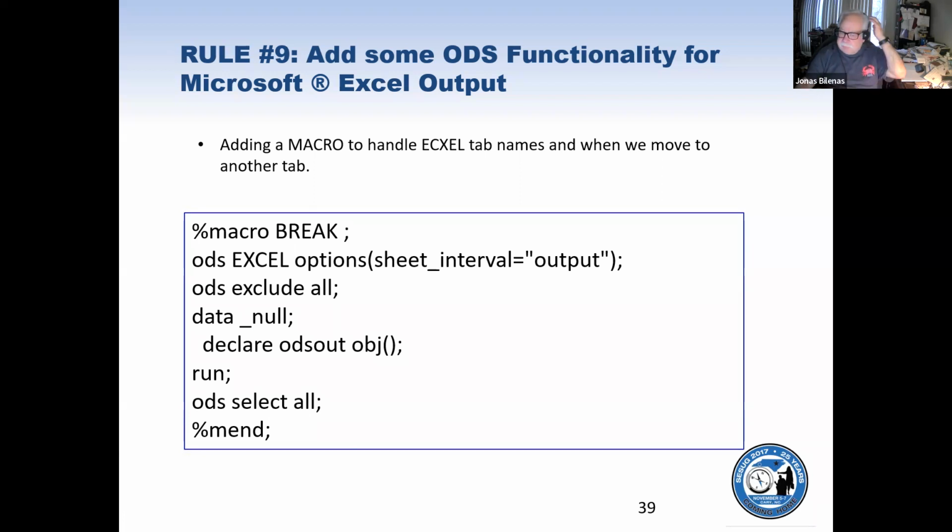I got this information from a SAS tech support person through SASSupport.com. It's just a simple macro. I typically put my macros in compiled macro catalogs, but that'll be a different presentation. So you don't have to put it in the code itself; you can put it in an autocall library.